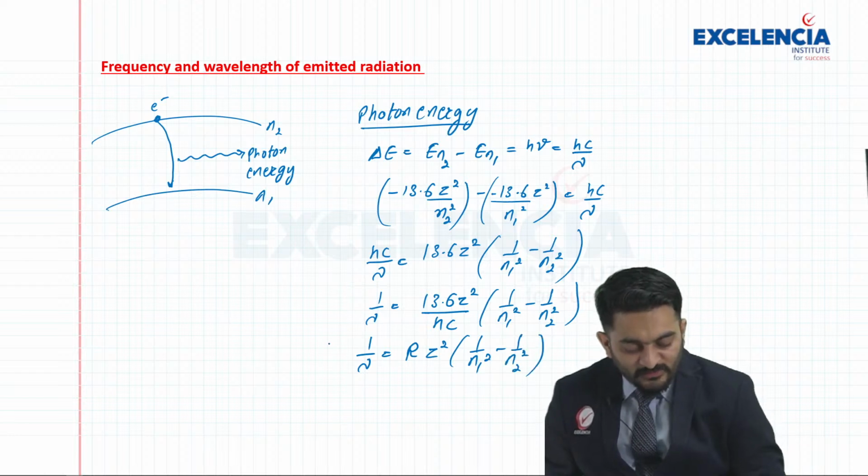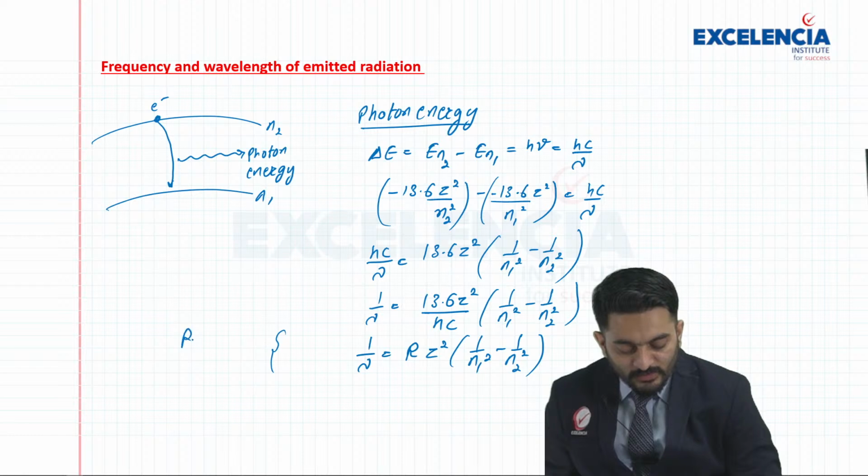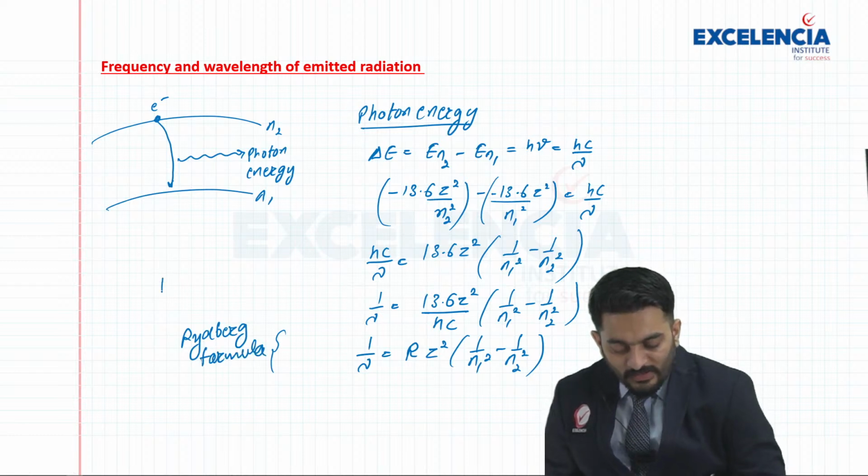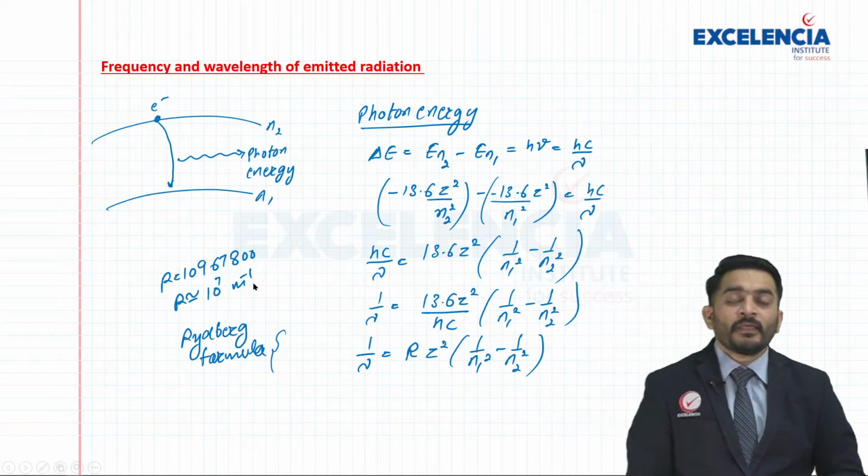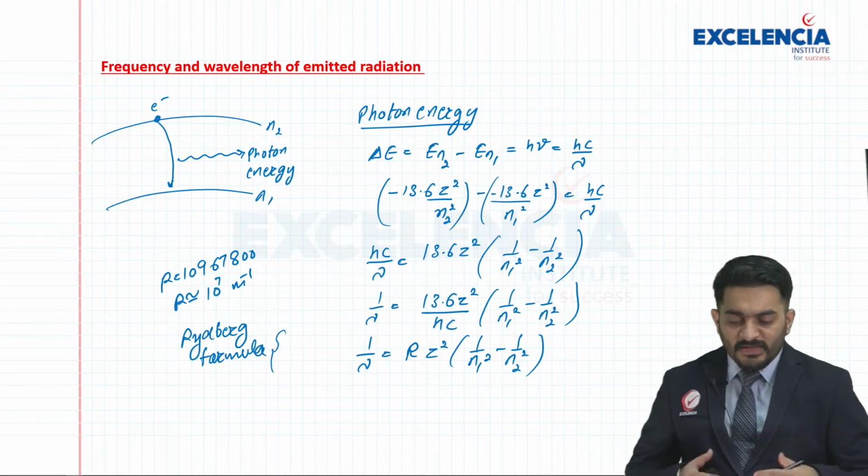This is something very common, you can remember. This R stands for the Rydberg constant, and this is your Rydberg formula. I hope you are aware that the value of R is 10967800, but we can take the approximation as 10 raised to 7 per meter. So this is the way you can actually calculate.